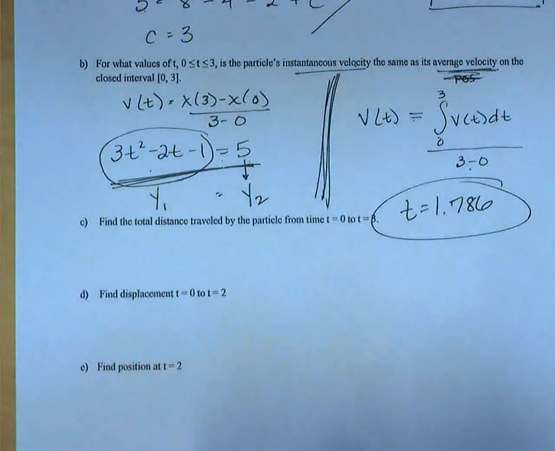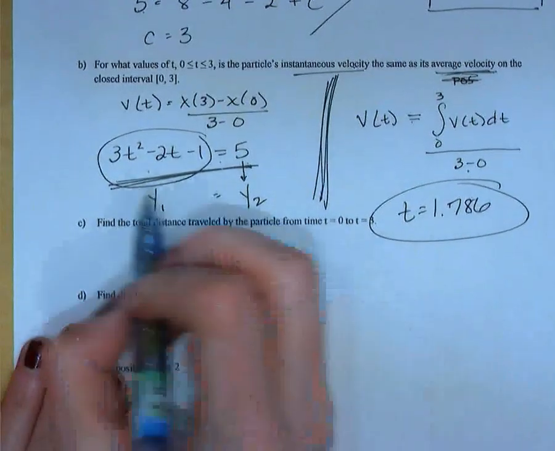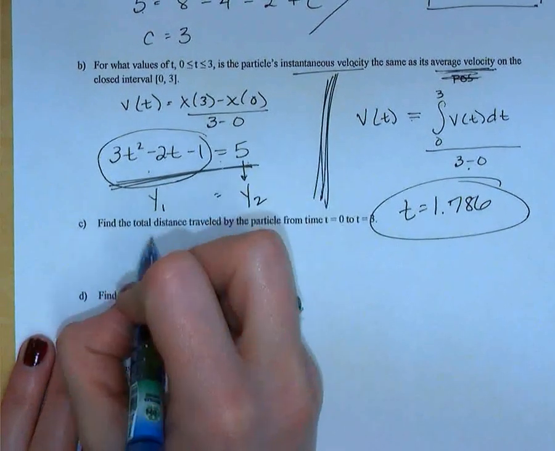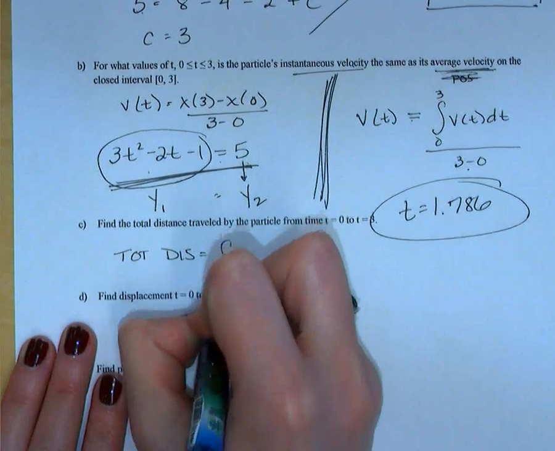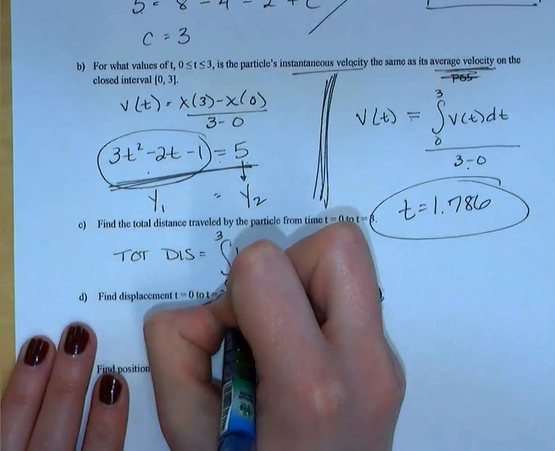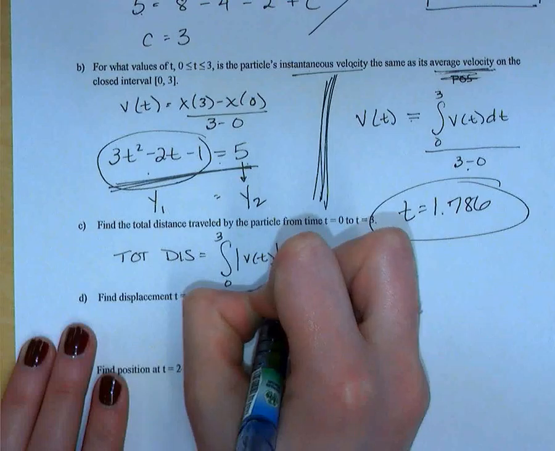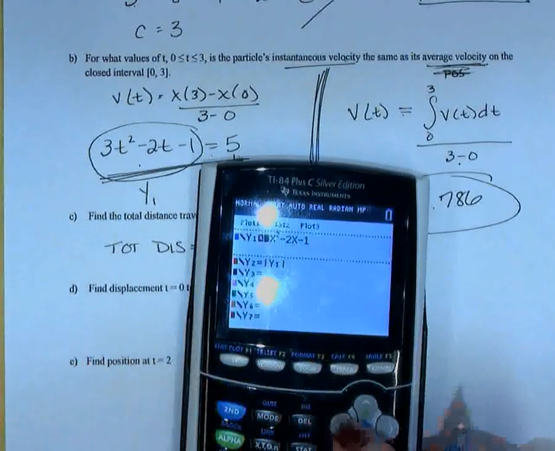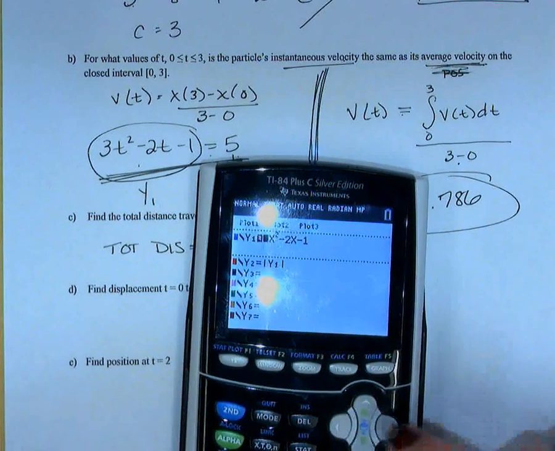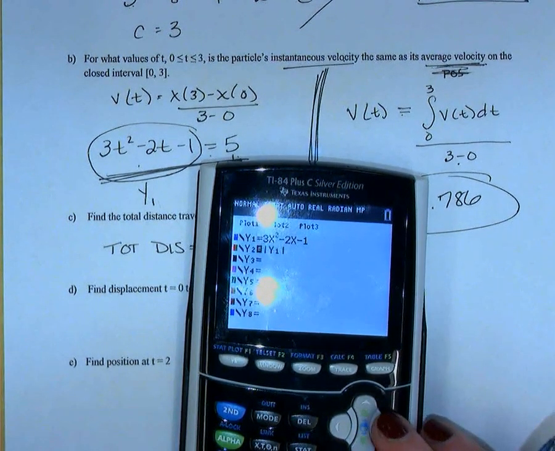Part C, find the total distance traveled. Total distance from 0 to 3, that's going to be the integral from 0 to 3 of the absolute value of velocity. So when I do that on here, I actually have the absolute value on my calculator. I read the question ahead. So now I'm going to turn that equation on.